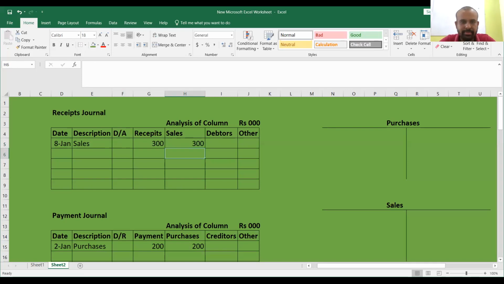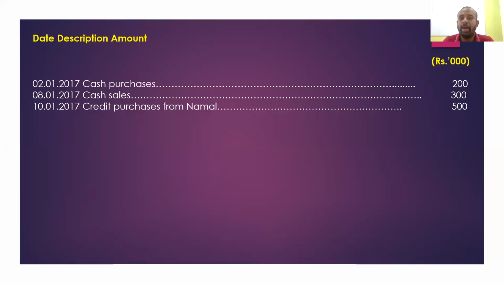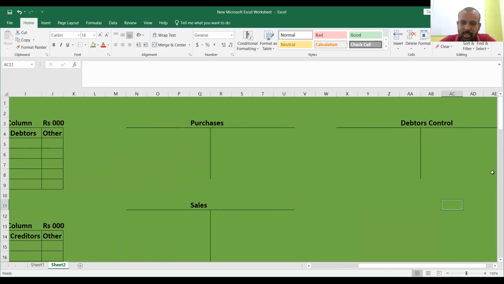What next? Credit purchases from Nayagam. Credit purchases cannot be recorded in the receipts and the payment journal. They need to be recorded in the purchases journal, but they did not ask you to prepare the purchases journal. But they asked you to prepare the trade payable control account. Therefore, you better record these credit purchases separately for the purpose of calculating the total credit purchases. Something similar to the purchases journal you can have.